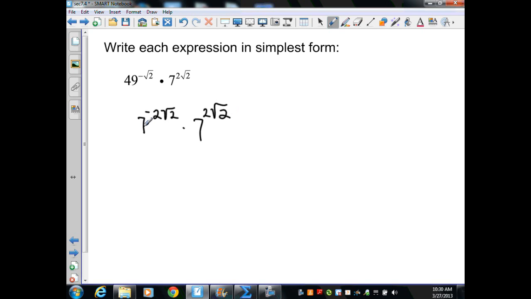Now I have like bases. So I can rewrite my base and then add my exponents. A negative 2 square roots of 2 plus 2 square roots of 2. Since these are like terms, they will combine and get 0. Of course, we know anything to the 0 power is 1.